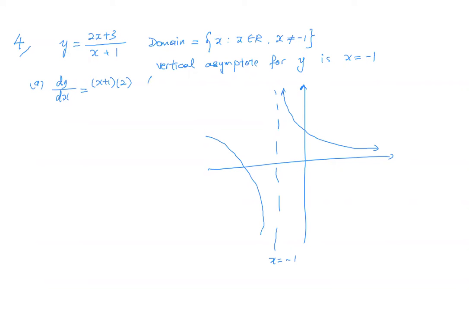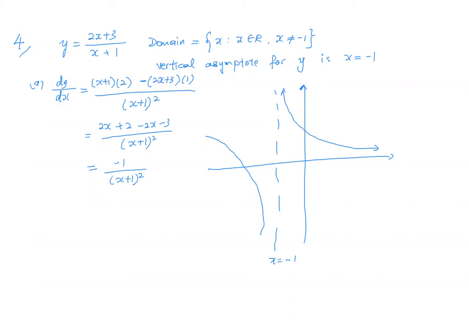Take away 2x plus 3 times 1, divided by x plus 1, the whole thing squared. So 2x minus 2x, no more. Okay, I expand: 2x plus 2 minus 2x minus 3 over x plus 1 squared. So I have -1 over x plus 1 squared.